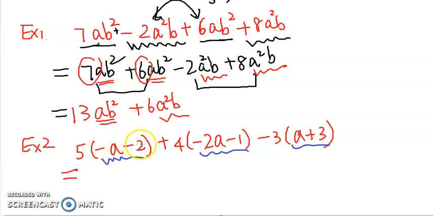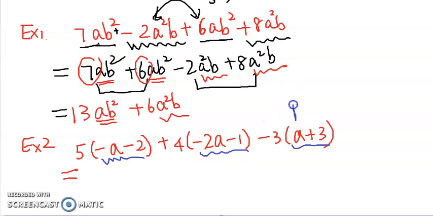But negative a and negative 2, they're not like terms, and they don't have matching variables. Similarly, negative 2a and negative 1, there's not an a here, and there's not an a here. So a number and a variable, of course, they don't match. And they're not like terms. We cannot add them, so we have to take a different approach.